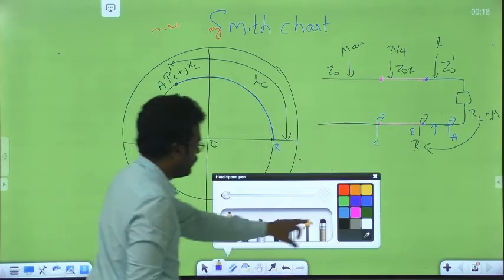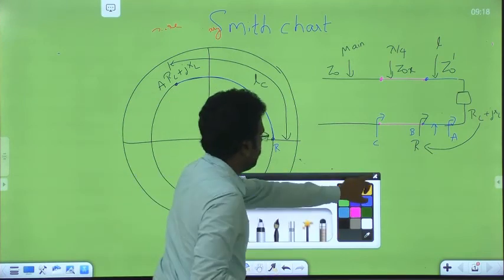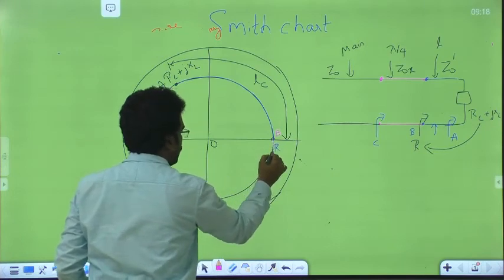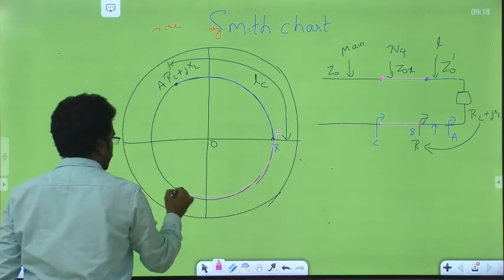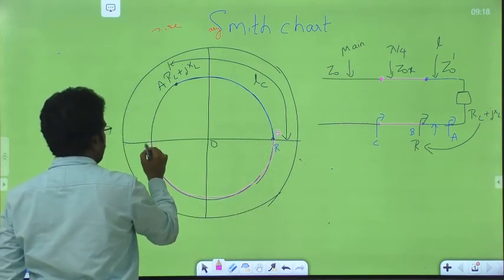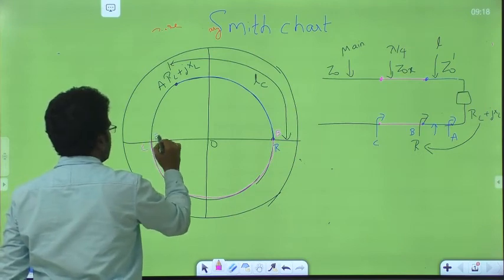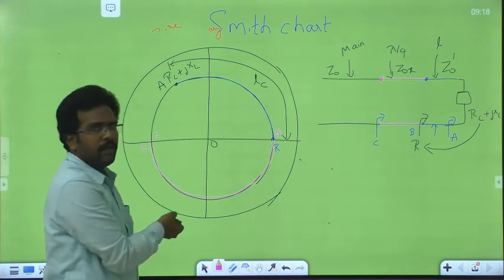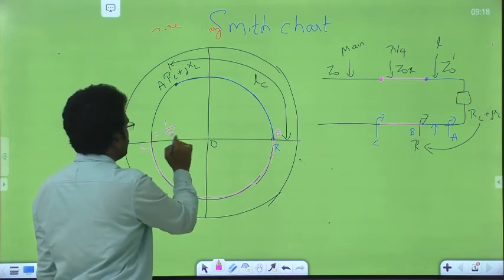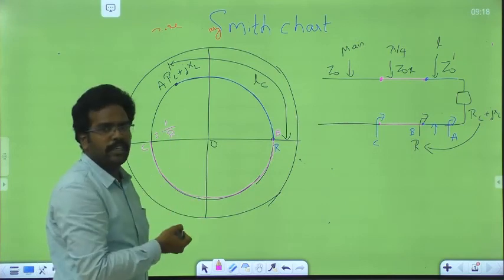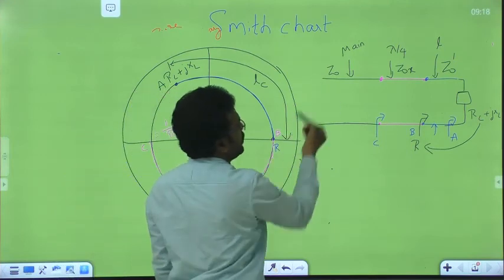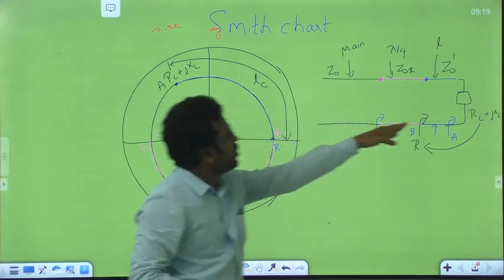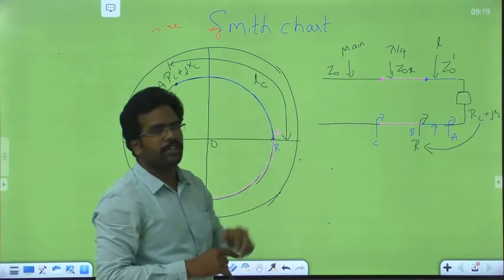Now from this B point, travel a distance of lambda by 4, and it is going to give the C value with some impedance. This normalized value must be equal to the absolute value of C, that value must be equal to Z0. That is the procedure to follow while matching a complex load with Z0.